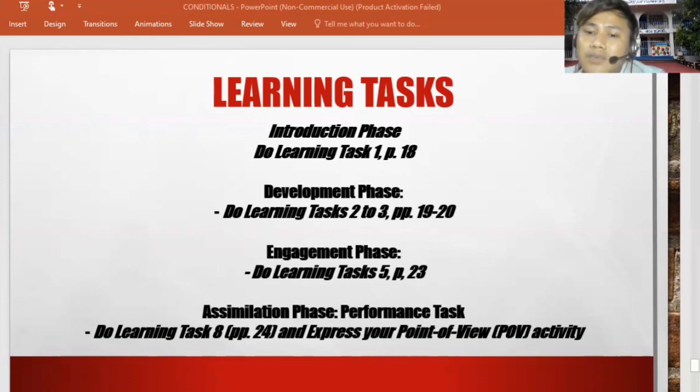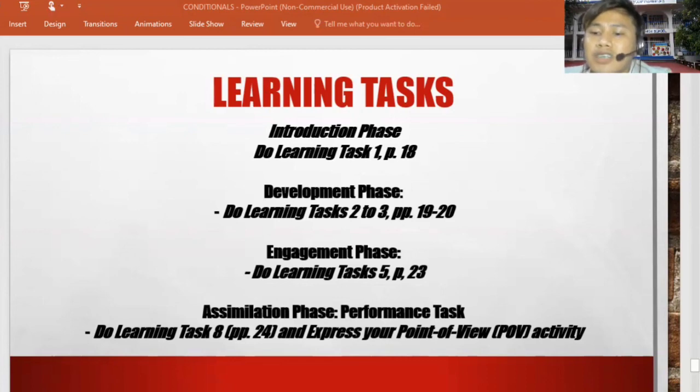It will serve as your guide in working on your point of view activity. I am not saying that you are going to copy it and then supply the missing part. You are going to write your own point of view. And the last part will be your reflection.